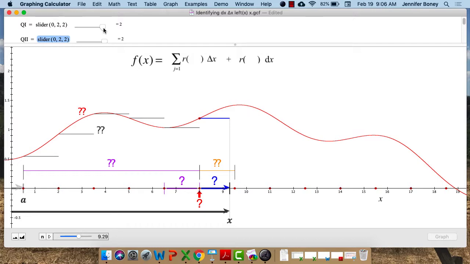Its values keep going, but we only care about its values starting from A, and we only use some of them. So that's our R sub f, our exact rate of change function, that red curve there.